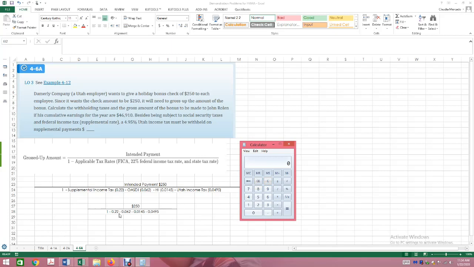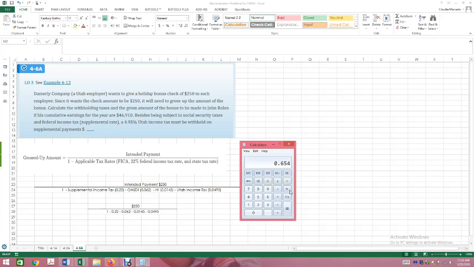So it's 0.22 plus 0.062 plus 0.0145 plus 0.0495. That gives me 0.346. Let me write that down because I'm not going to remember. So what's 1 minus 0.346? That's going to give me 0.654, which is correct.